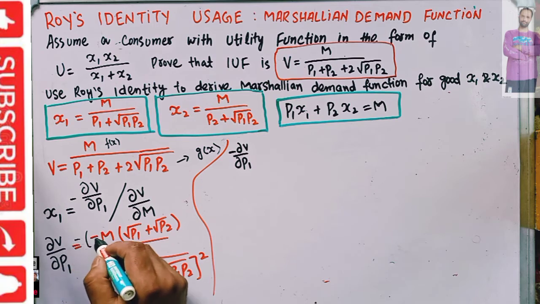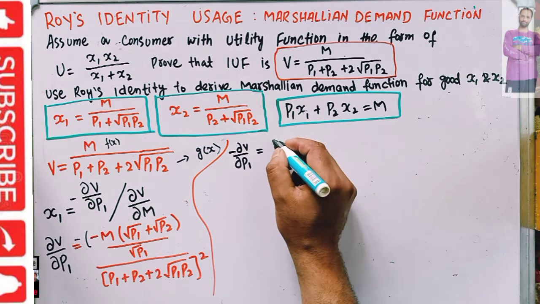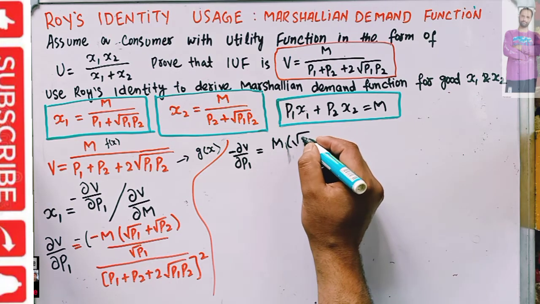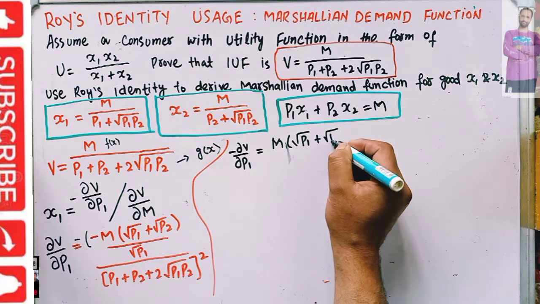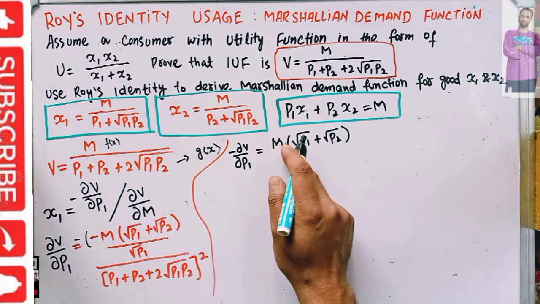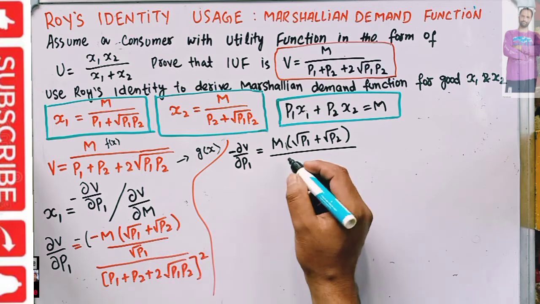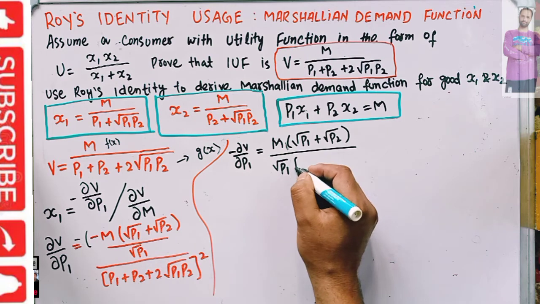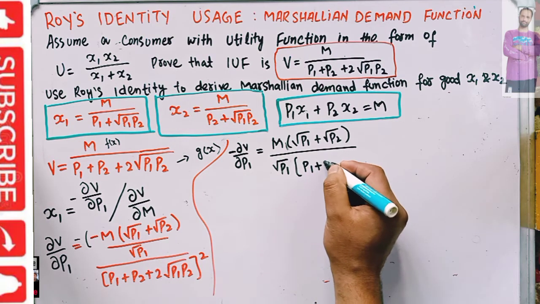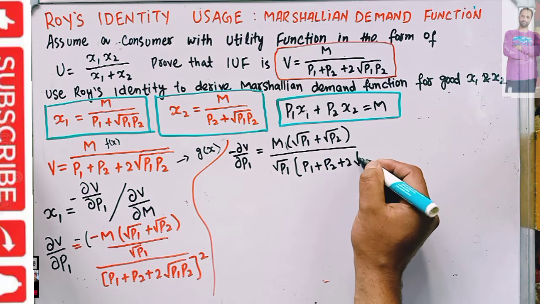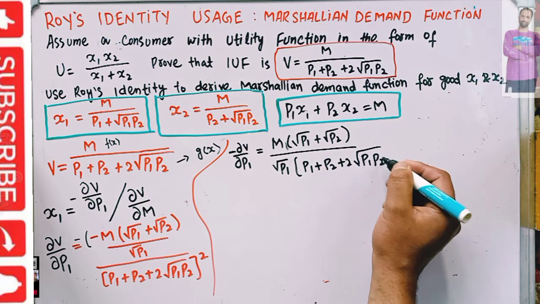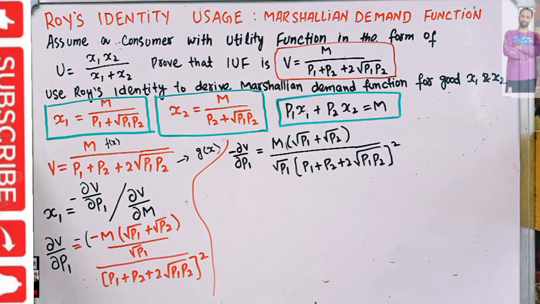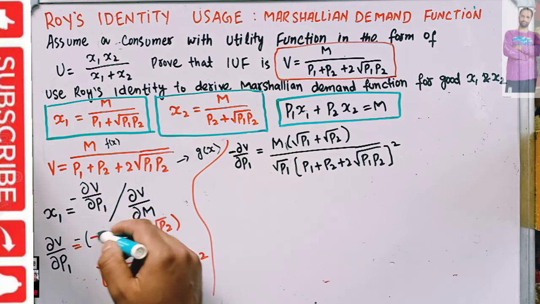So this minus and minus will become plus, so we are left with m, then we have under root p1 plus under root p2, divided by under root p1, and we have p1 plus p2 plus twice p1 p2, whole square. This is our dv upon dp1.